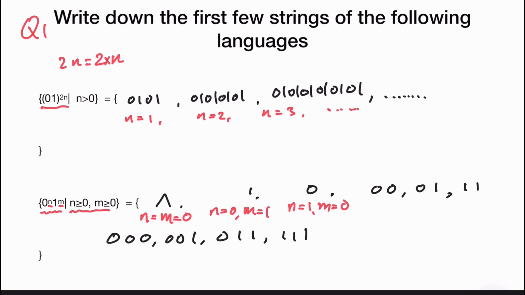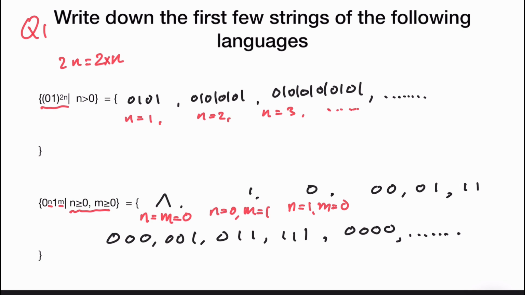Because they all have some 0s followed by 1s. You never get a chance of something like 100. That is impossible because it doesn't fit this pattern. I probably don't need to write more.